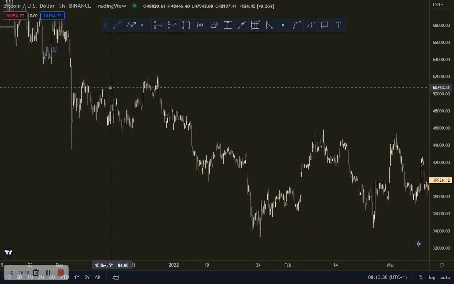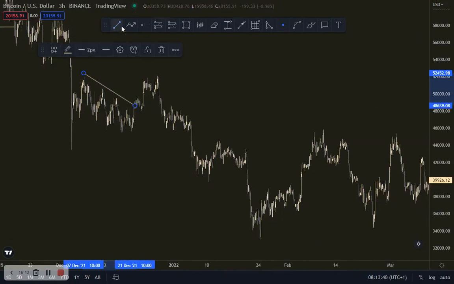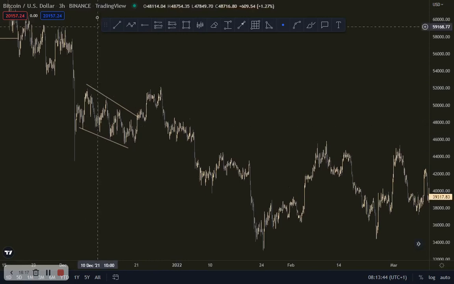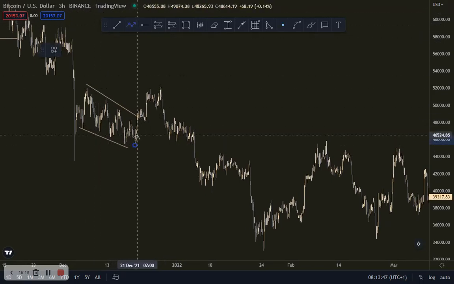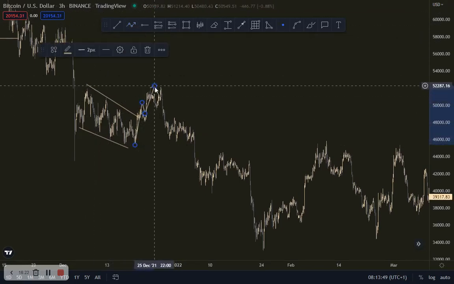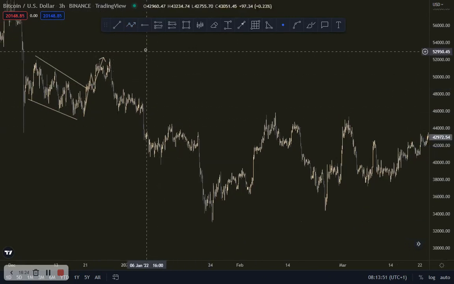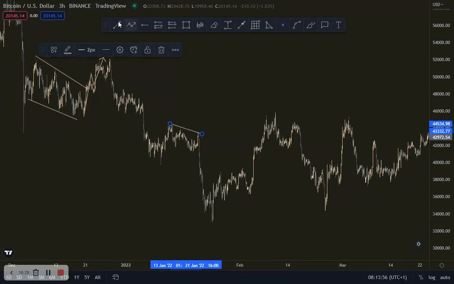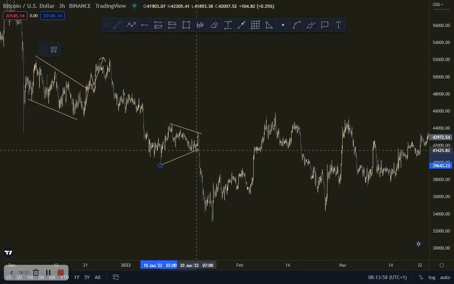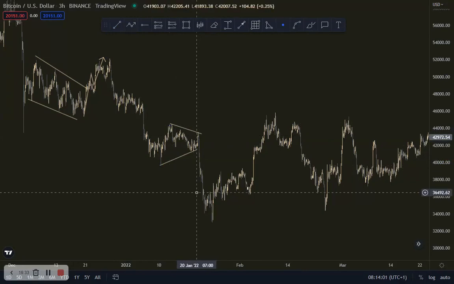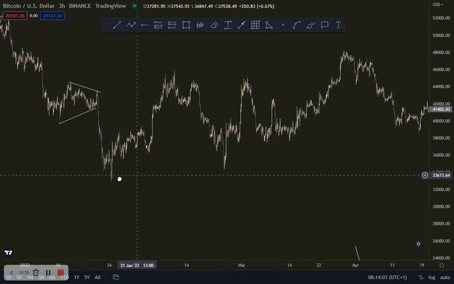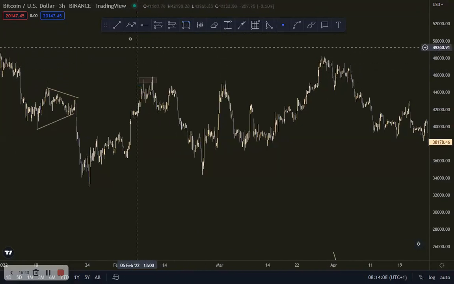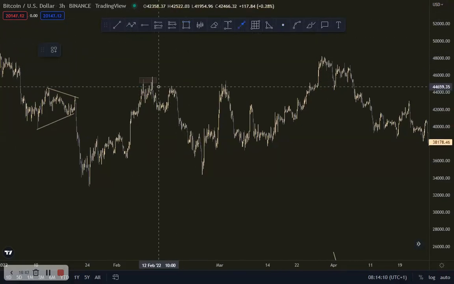We had this descending channel, and we broke above. We had this triangle pattern, a symmetrical triangle. We broke below, right? We had another double top here. What happened? We dropped.